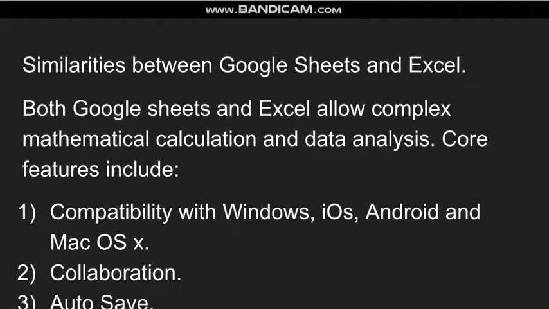Some of the core features of both include the capacity, the compatibility with Windows, iOS, Android, and macOS, collaboration, and auto-saving. Auto-saving basically means you don't have to save your data every time. You can forget and it will automatically be saved.